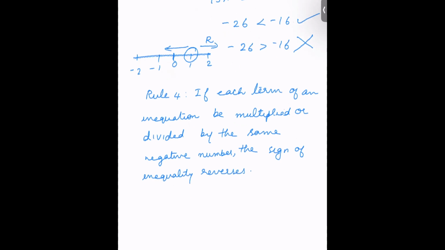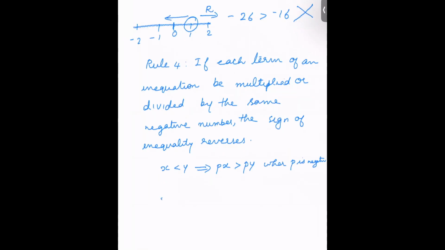So maybe you can write: x less than y implies px is greater than py, where p is negative. And x less than y implies x by p is greater than y by p, where p is negative, or p is less than 0.